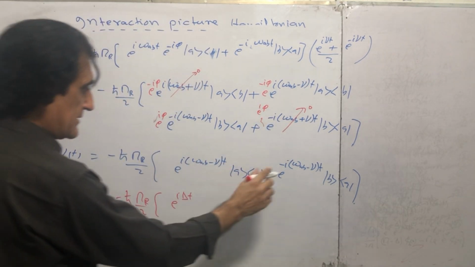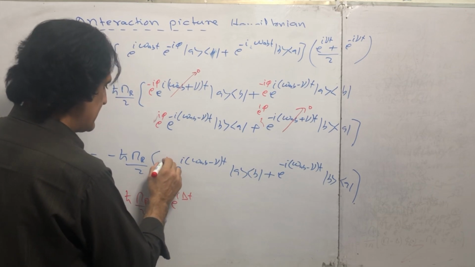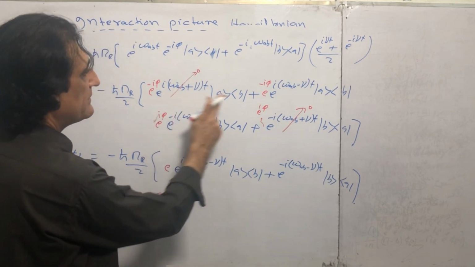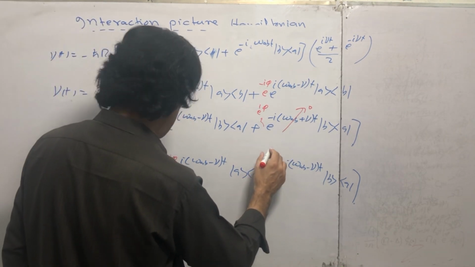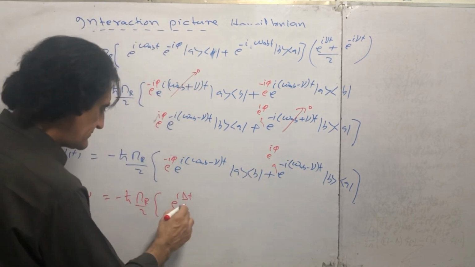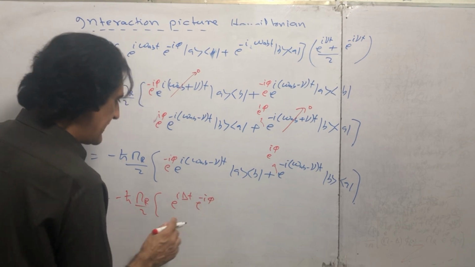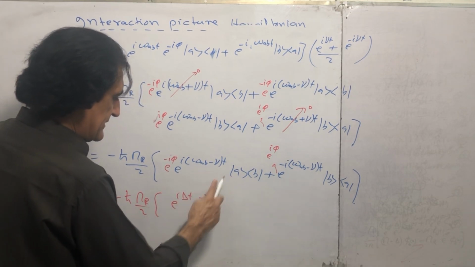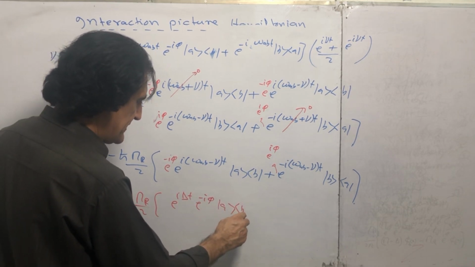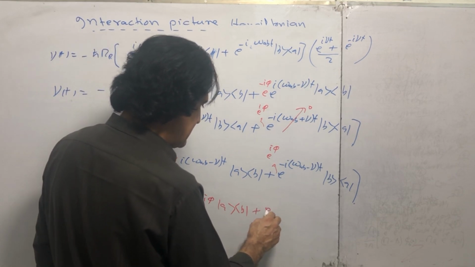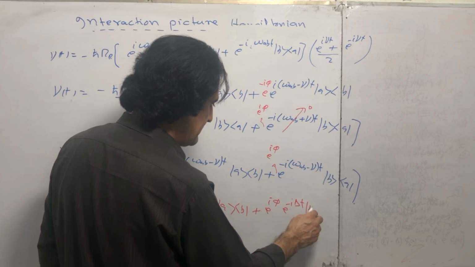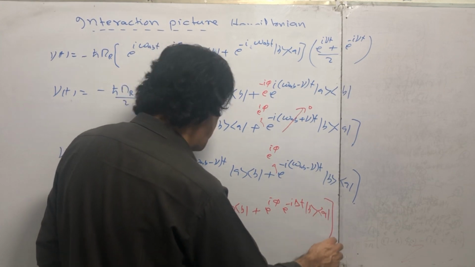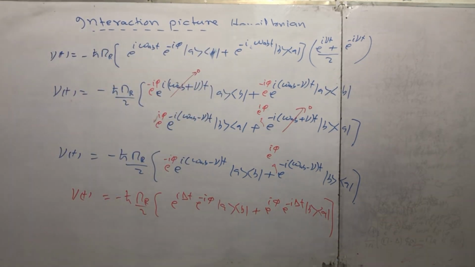So please add this term, e to the power minus iota phi here, and here e to the power iota phi, and e to the power minus iota phi ab plus e to the power iota phi, e to the power minus iota delta t, and ba. So this is a very simple Hamiltonian for a two-level system.